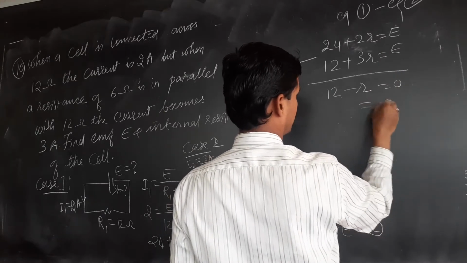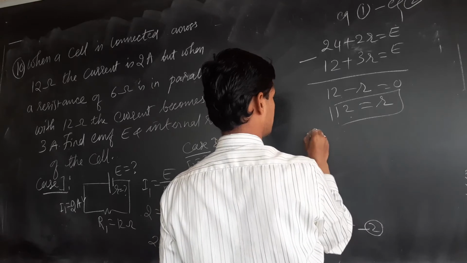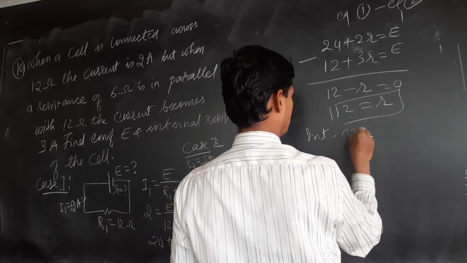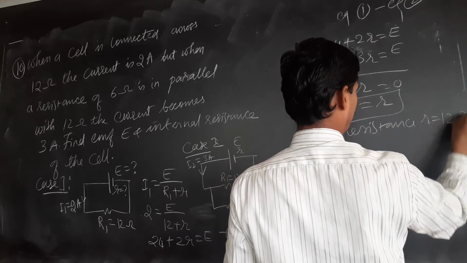This small r taken on that side, so it will be 12 ohm. So internal resistance small r is equal to 12 ohm.